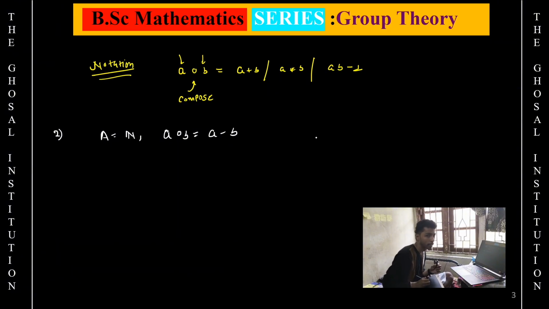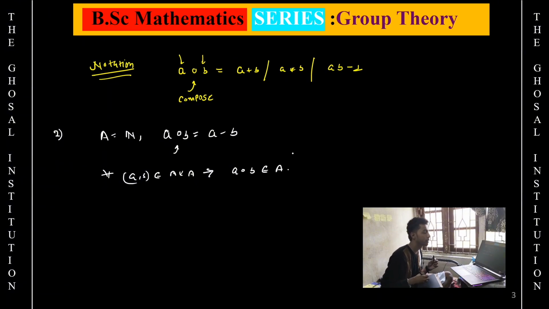So now you tell me, is this a binary composition or not? I mean, does this operation form a binary composition or not? Just think about it a little bit. You have to check that for all (a, b) belonging to A cross A, does it imply that a compose b belongs to the natural numbers?